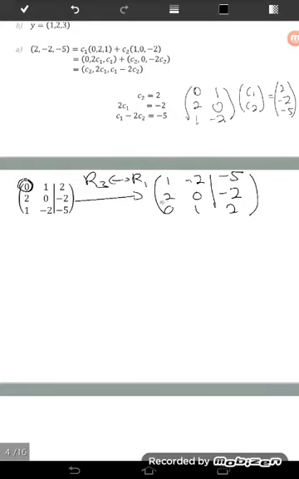And then after that, make this one become 0. Okay, so to make this one become 0, we use row number 2 minus 2 multiply row number 1 and put back at row number 2.